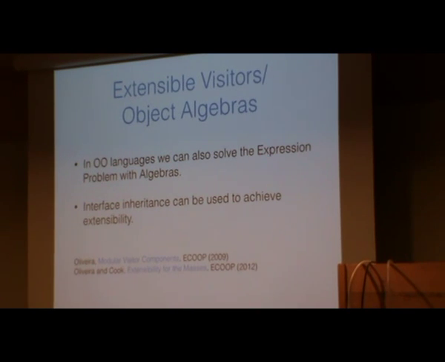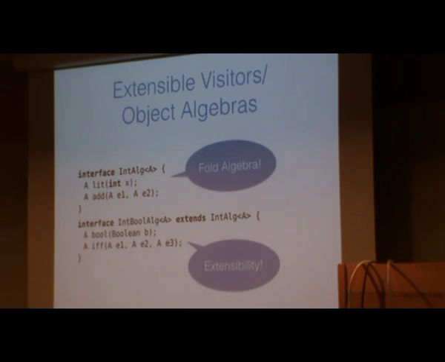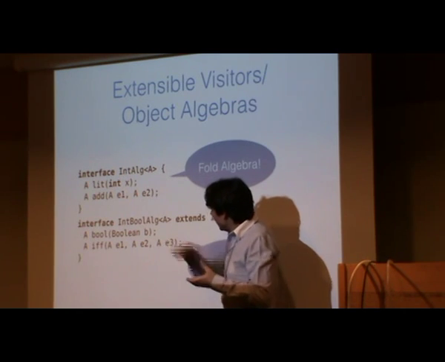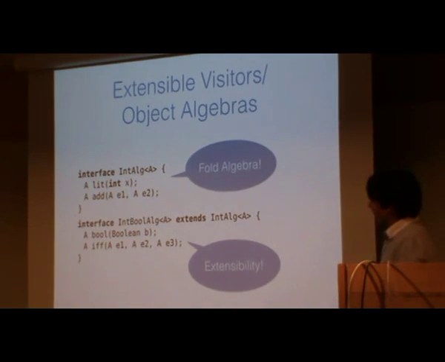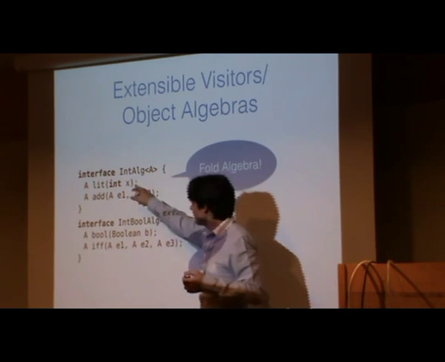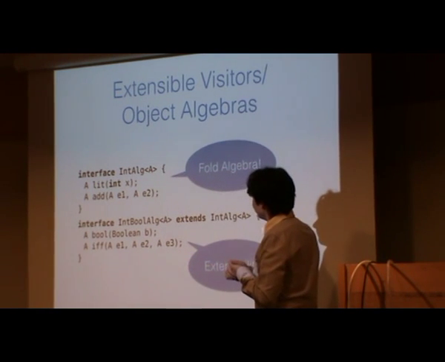And the answer is yes. So what you can do is quite simple. You can model algebras as generic interfaces like this one. So this, again, is modeling a simple tree with integers at the leaves.